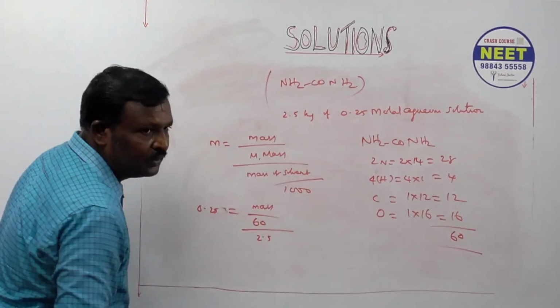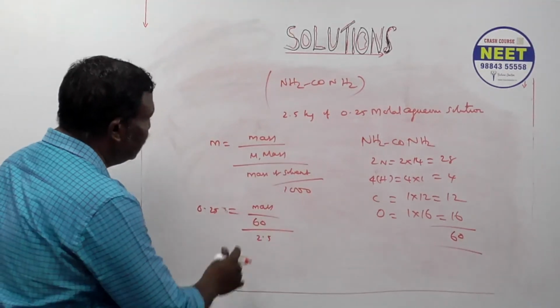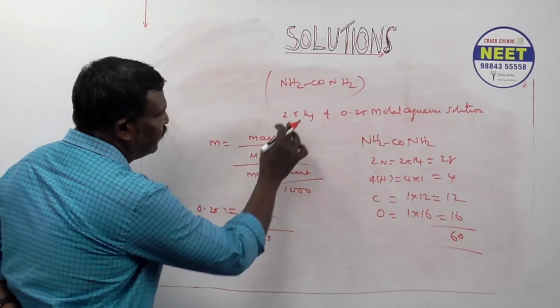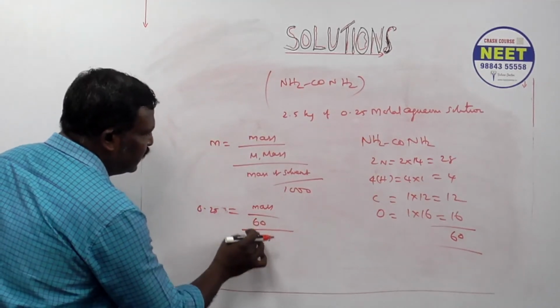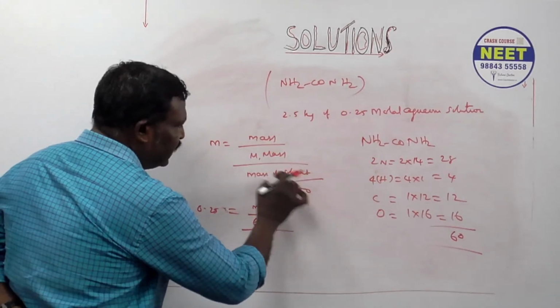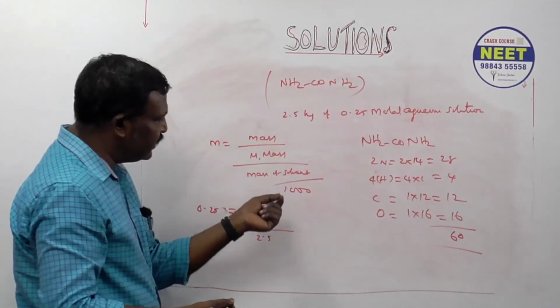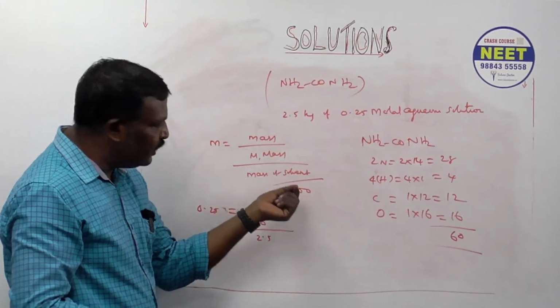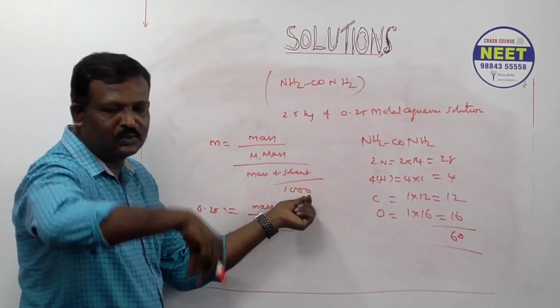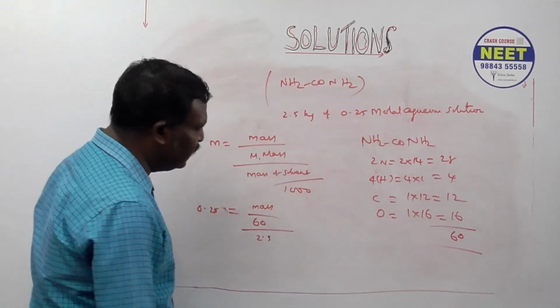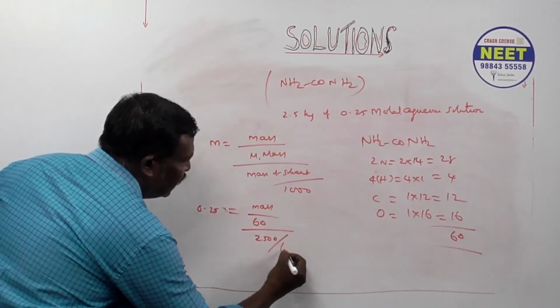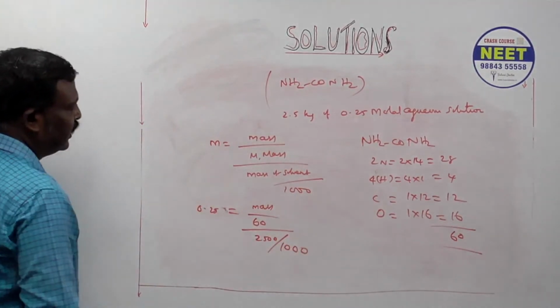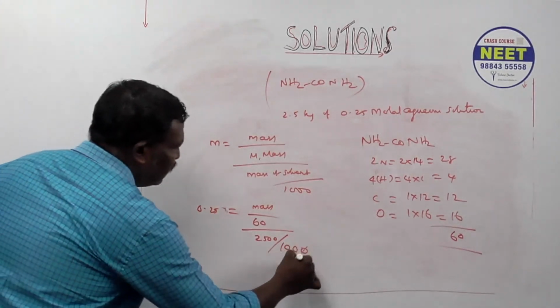By 2.5 kilogram. In this place, if you put it means gram. Mostly I told you, mass of the solvent in gram only, then only I put 1000 in the formula itself. So 2500 by 1000, then cross multiplication and cancel.